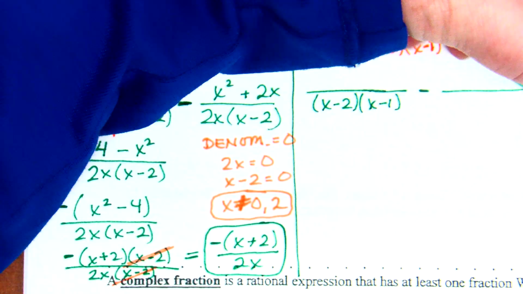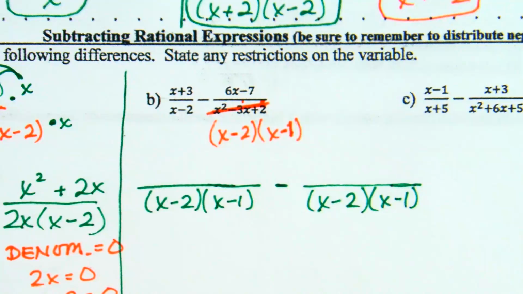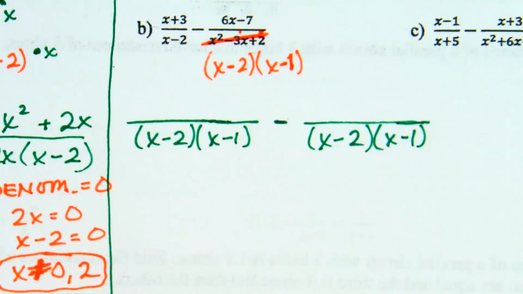I tend to write it out for 2 fractions worth. If you'd rather go ahead and put it as 1 fraction here, you can. So why is that considered a common denominator if the first fraction doesn't have an x minus 1?